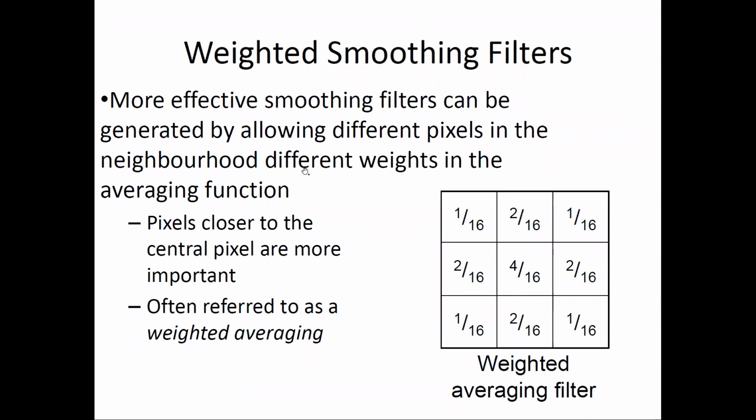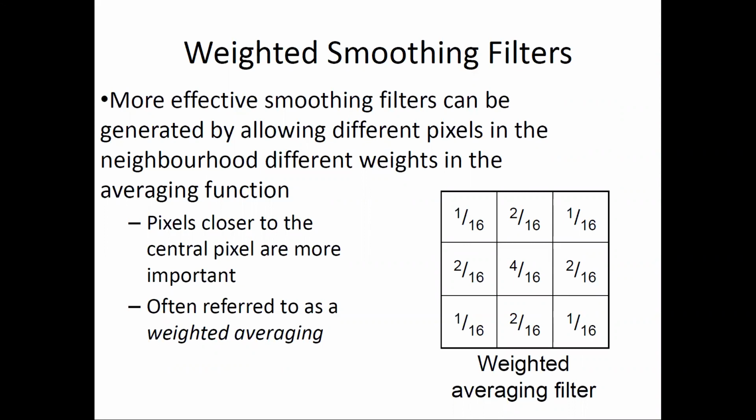Weighted smoothing filters are also there. Here we are applying more weight to the center pixel, and based on their distance from the center pixel, these have a distance of 1 and these have a distance of root 2. So the diagonal corner pixels are given less weightage, the neighborhood pixels with distance 1 are given more weightage, and the highest weightage is given to the center pixel.